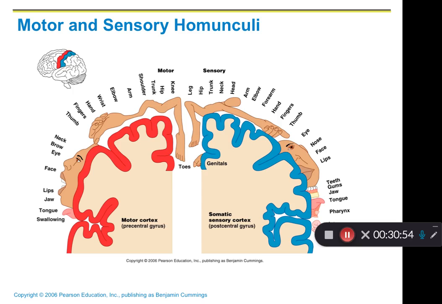Also swallowing. Swallowing is a very important movement for our life.